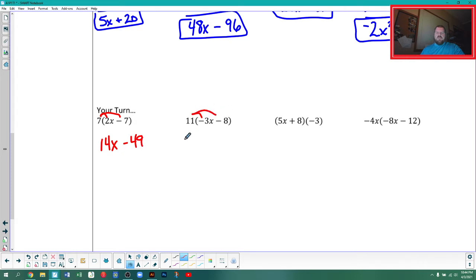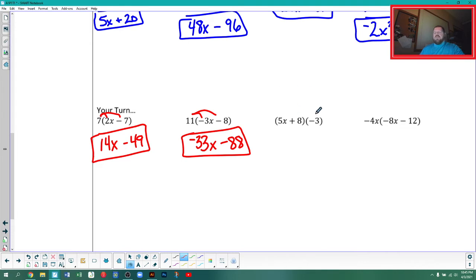Next one, how about 11 times negative 3x and 11 times negative 8? 11 times negative 3 is negative 33, and there's an x on that one. 11 times negative 8 is negative 88, and we're good to go. Guess I could have boxed that one too.